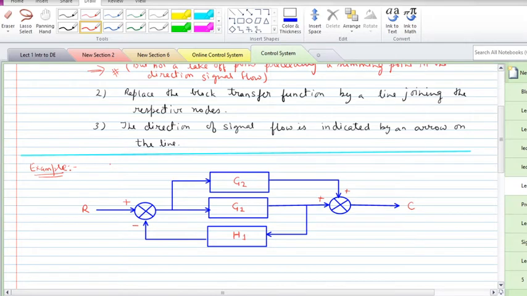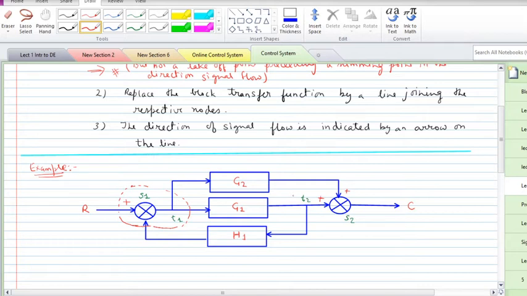Here in this example, there are two summing boxes. Let us suppose the summing boxes are named S1 and S2, and there are two takeoff points, which we name T1 and T2. As far as the rule is concerned, you can consider these two points, that is the summing point and takeoff point, as a single node.